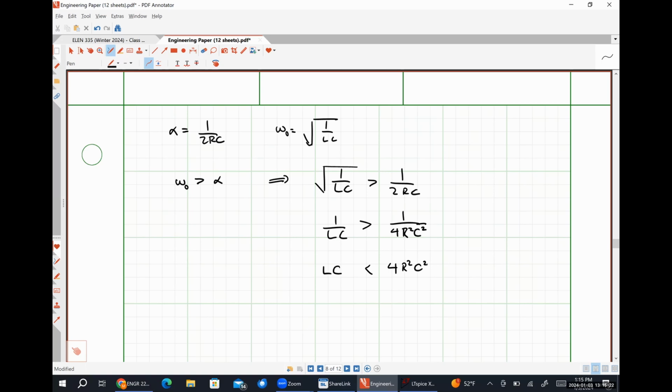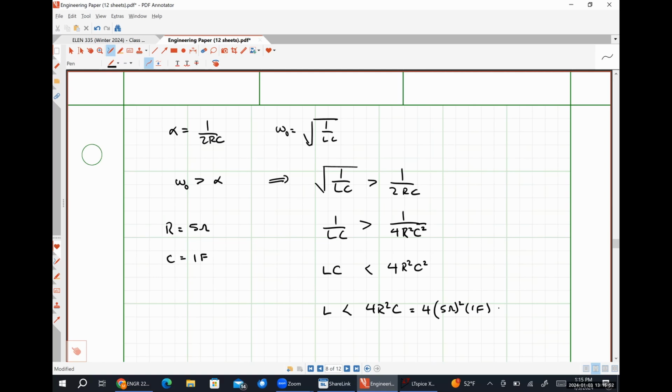All right, so somebody give me numbers for either a resistor, capacitor, or inductor. I need 2 of the 3. So R is equal to 5 ohms, C is equal to 1 farad. So L will need to be less than 4 R squared times C, or 4 times 5 ohms squared times 1 farad.